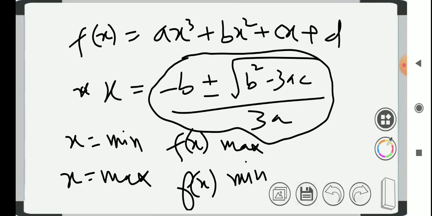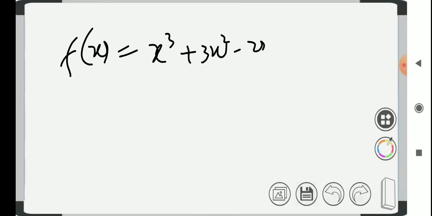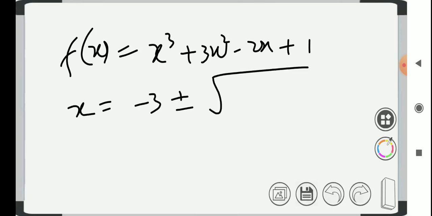Let us suppose we have x cube plus 3x square minus 2x plus 1. So we will simply calculate x equals minus b, that is minus 3, plus minus under root b square.